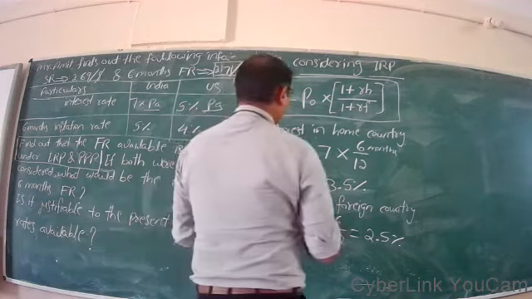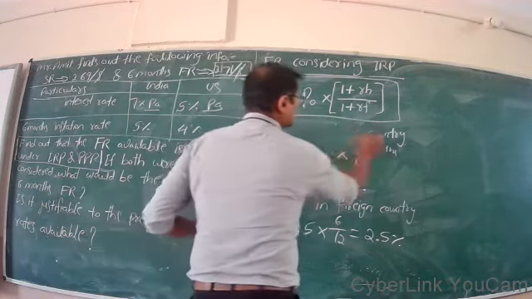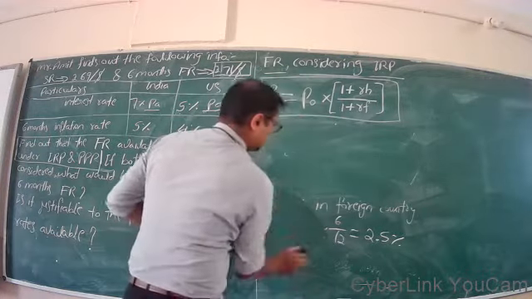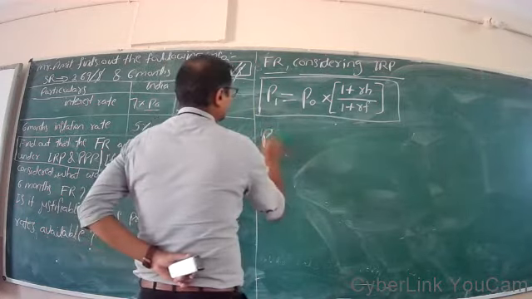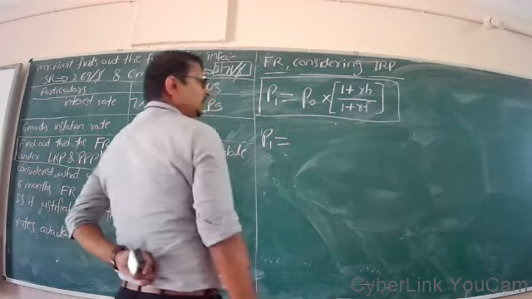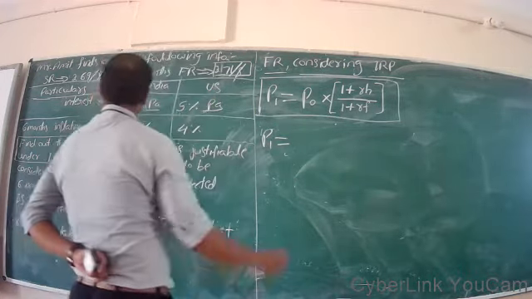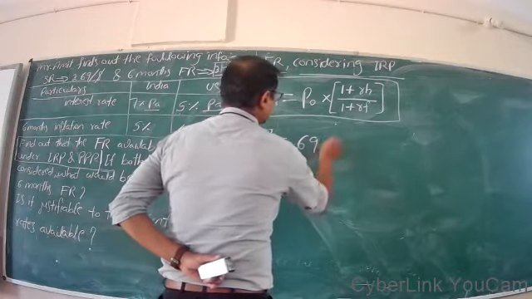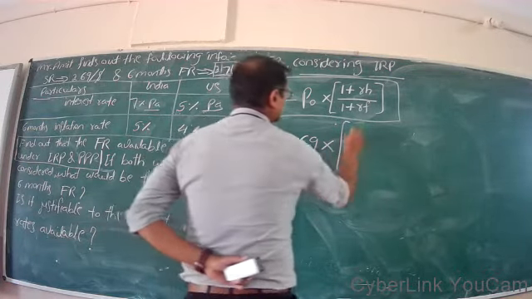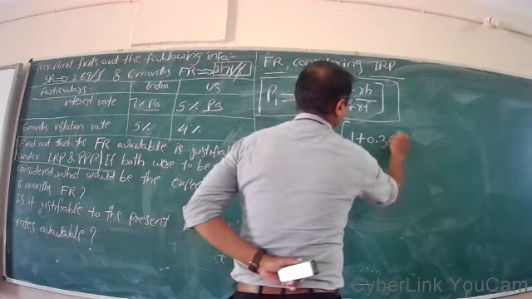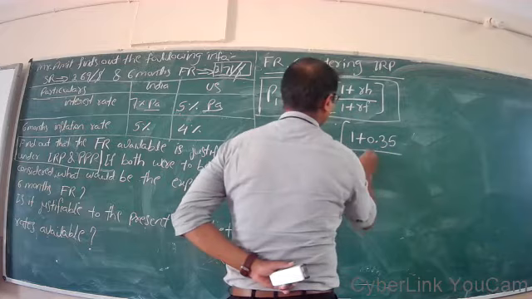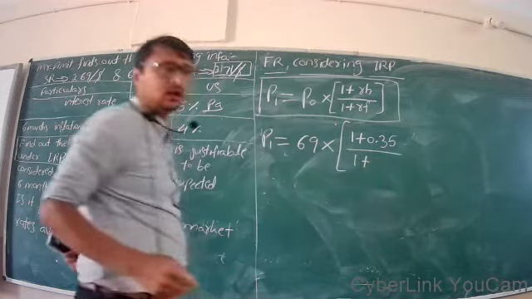Now, 3.5 and 2.5. You put all this data in the given formula. That is, new exchange rate is equal to P0, that is spot rate 69, multiplied by 1 plus 0.035 divided by 1 plus, how much was this?